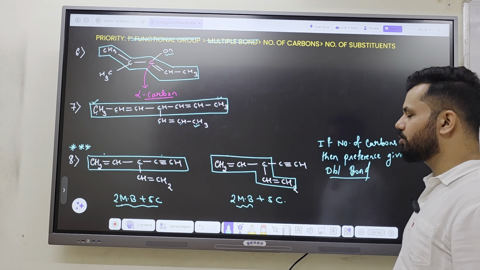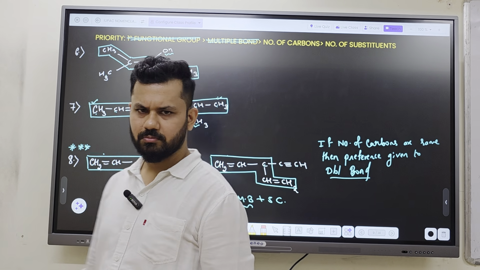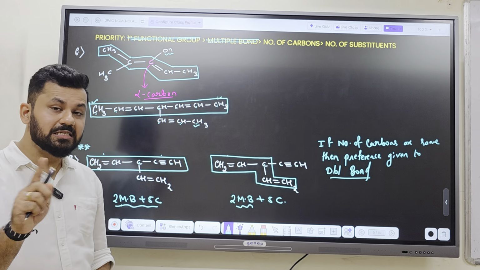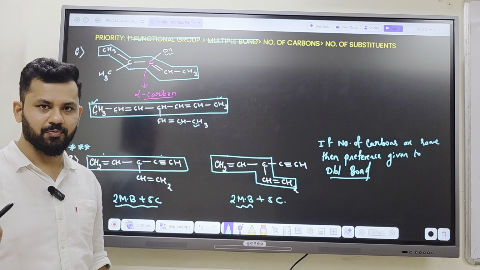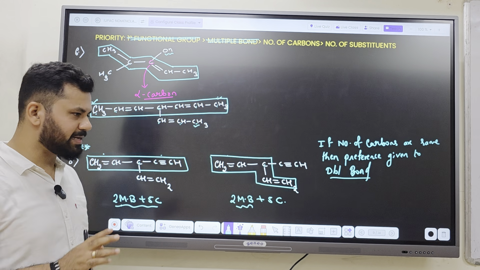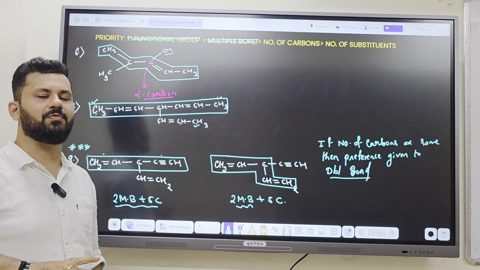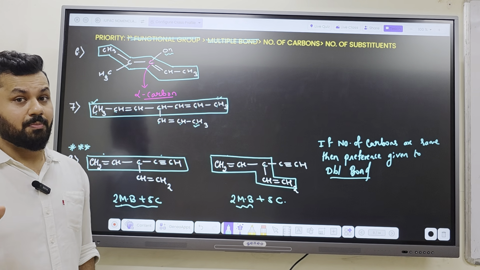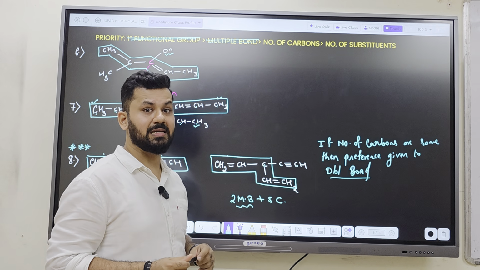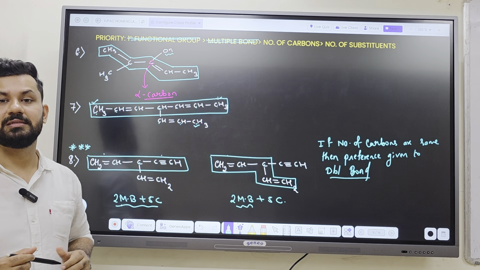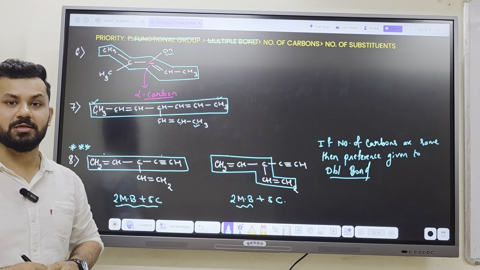Preference is given to double bond. We don't distinguish between a double and a triple bond to start with. They are simply multiple bonds, whether it is double or triple. But when the number of carbons is also the same, it is at this point that you will say, sir, one is giving me more double bonds, the other is giving me less.